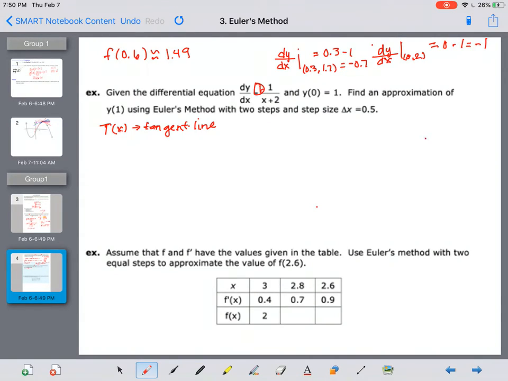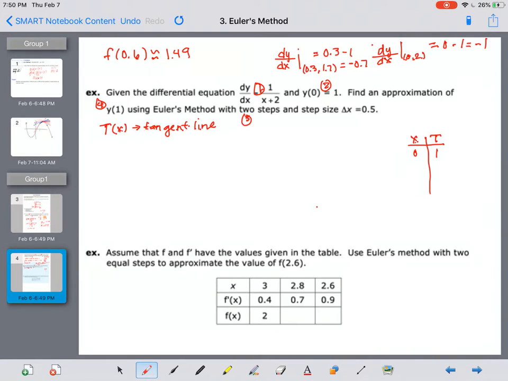So when I create my table, I'm not going to have x and y, I'm going to have x and t. Sometimes our tangent lines are actually named t of x. And my starting point is 0, 1. And I want to find the approximation of y of 1 using 2 steps.